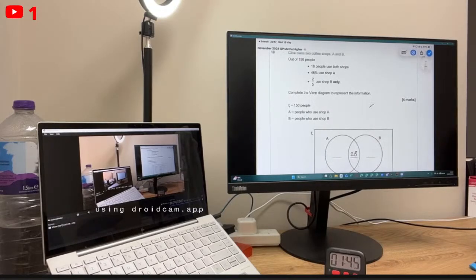If we do 150 divided by 5, you get 30. 30 times 2 is 60, so 60 people only use shop B. Shop B only, as it says. So if you did 150 divided by 100, you get 1.5, and that equals 1%.